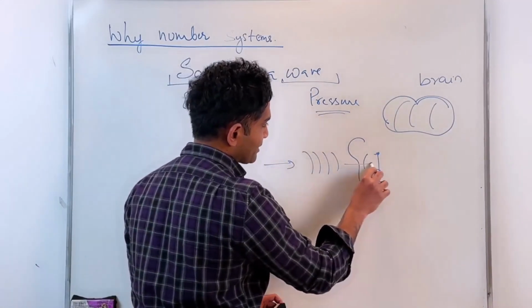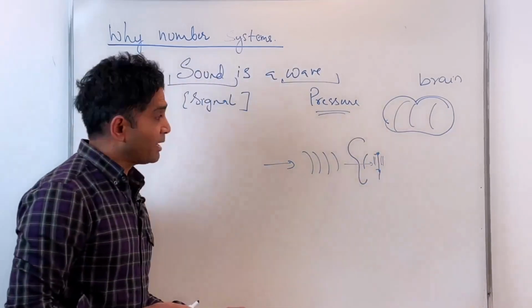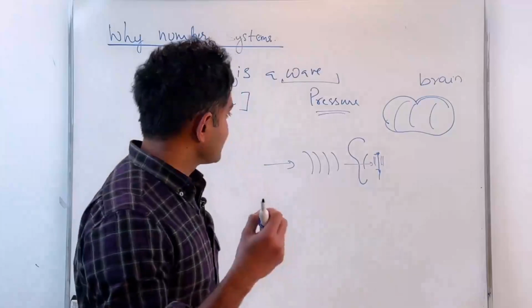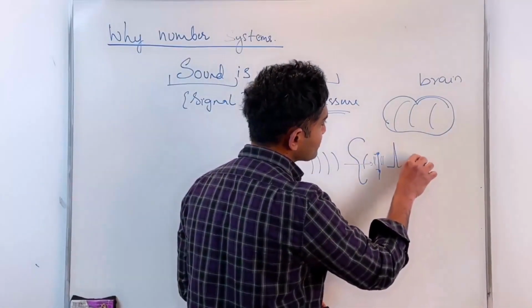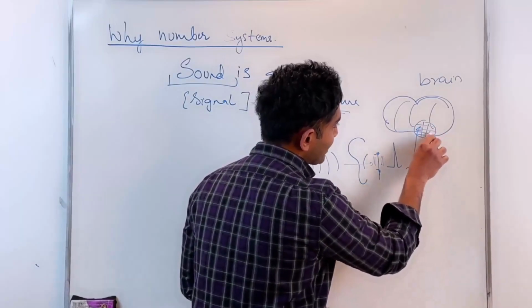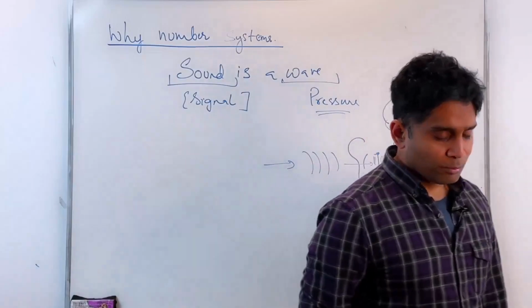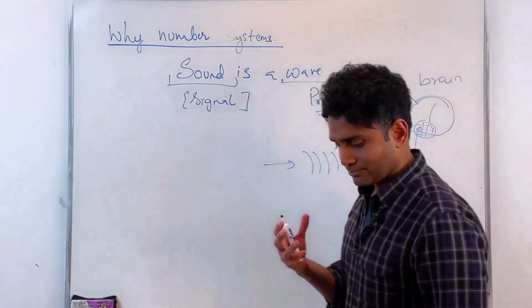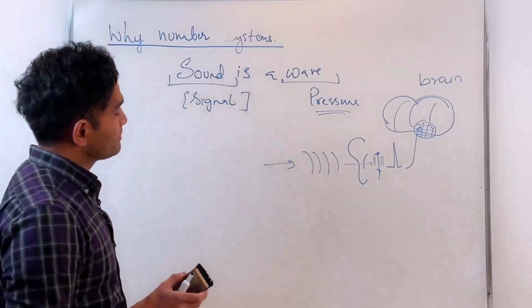It interacts with the eardrum. The eardrum vibrates, and you have some very sensitive receptors, the vibration sensitive receptors in your ear that create electrical pulses that go to your brain, to the right portion of the brain, and your brain basically converts that into sound, right? Or a feeling of sound.